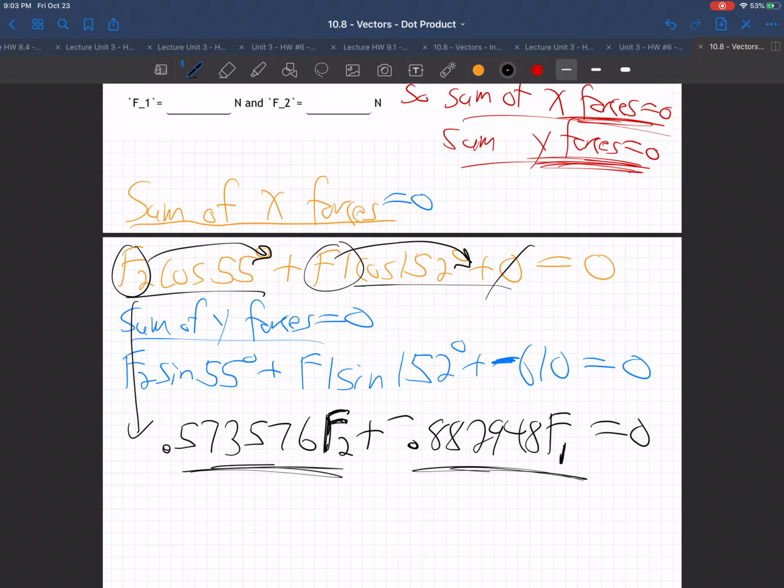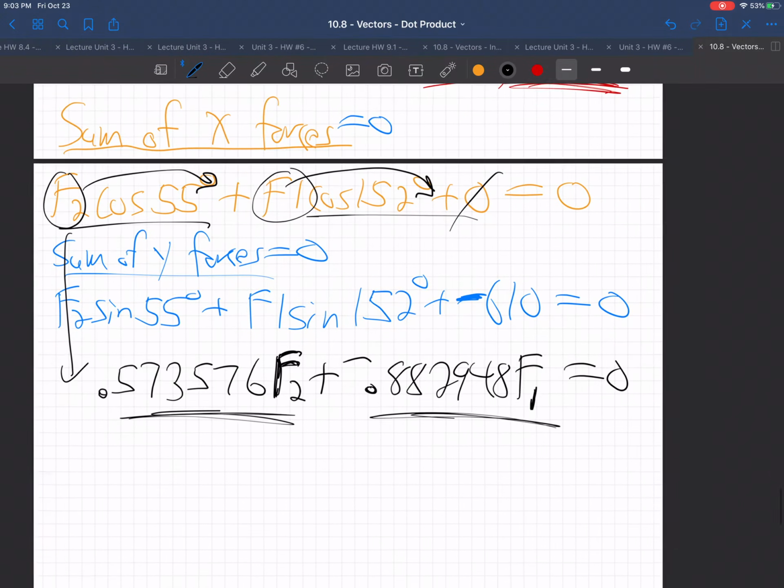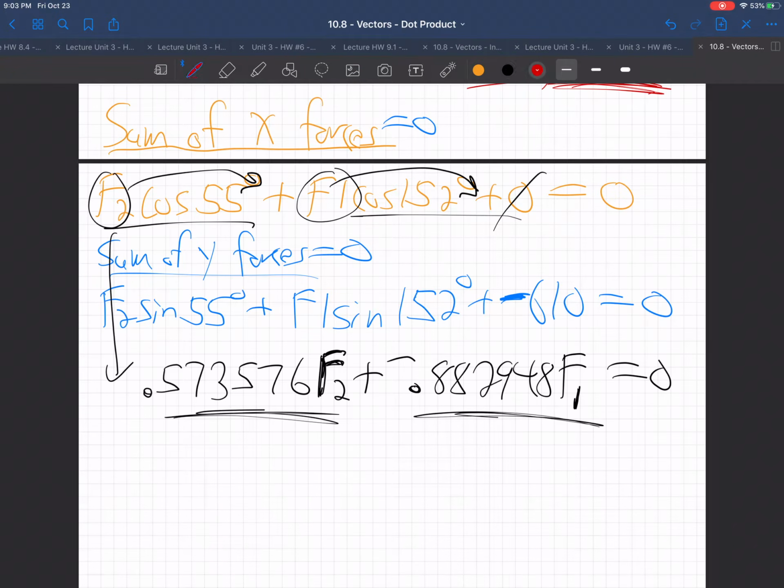Okay, so I can solve that equation for F1 or F2. It doesn't really matter which one. Let me just solve for F2. I'm going to add 0.882948 F1 to both sides.